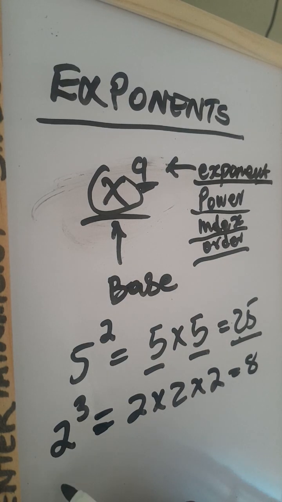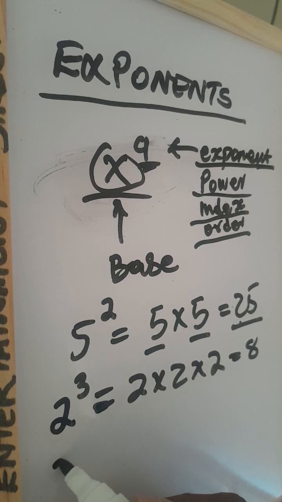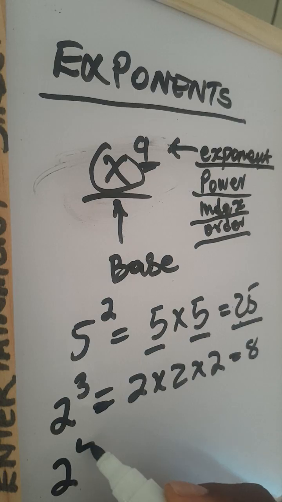Then another example, let's say, I don't wanna do complicated things. We can say 2 to the power 4.